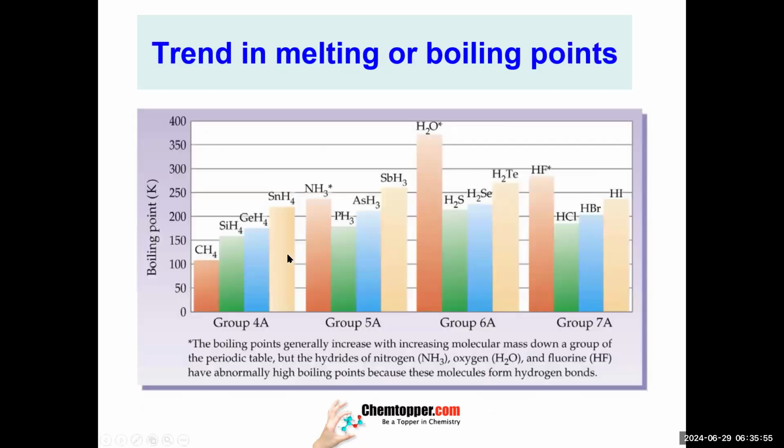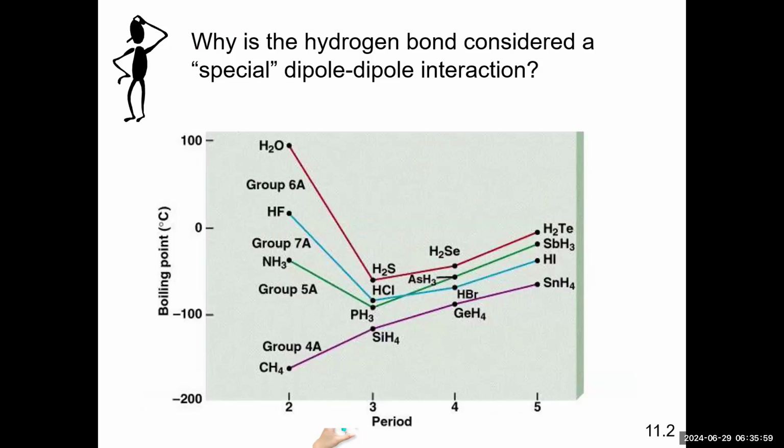Now, due to this hydrogen bonding, we have a very anomalous kind of graphical representation, because you know that only 3 types of molecules can do hydrogen bonding: water, HF, ammonia. Otherwise, there are many, but whenever there is a hydrogen on oxygen, fluorine, or nitrogen, they make hydrogen bonding.